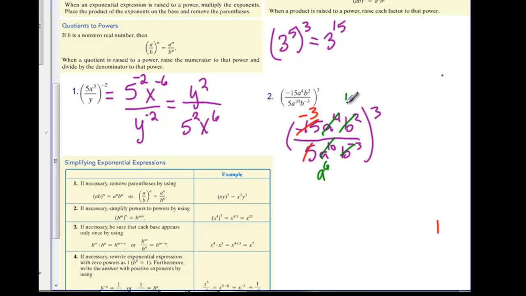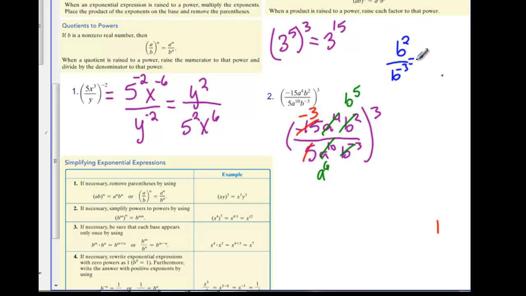All right, the b's. How about we talk about the b's over here. So we had b squared over b to the negative 3. One of the things we could have done is rewritten this b to the negative 3 on top.